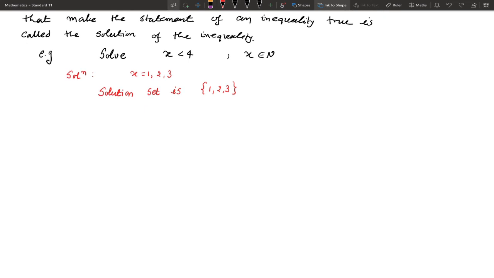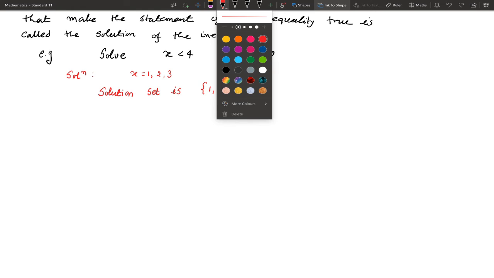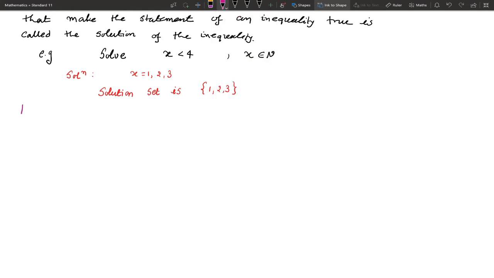Now there are some basic rules. You note down these rules for solving an inequality.